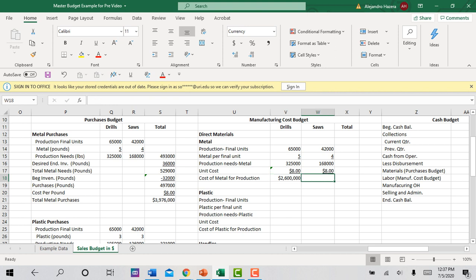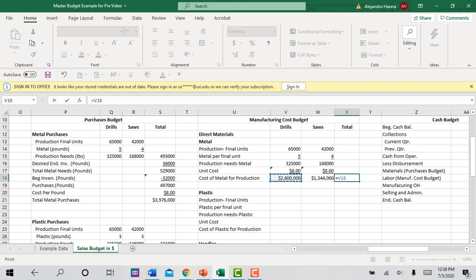For saws, the metal production needs in dollars is going to be 1,344,000. So our total metal that is going to go into production at cost is 3,944,000.